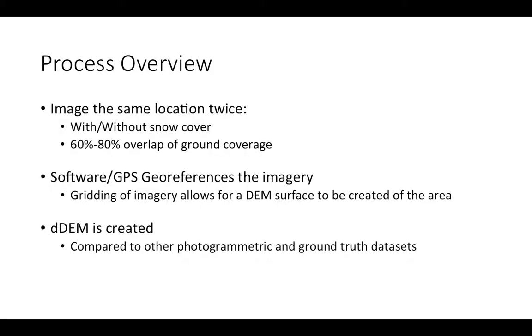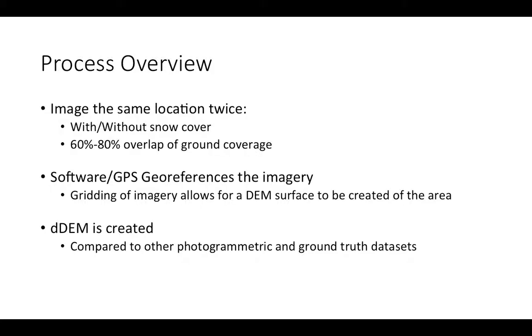Then they would run the imagery through the PhotoScan software, and it would geo-reference the imagery, allowing for gridding to create a DEM surface of each set of imagery, so that they can be overlaid on top of each other.